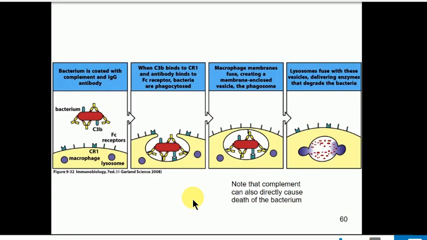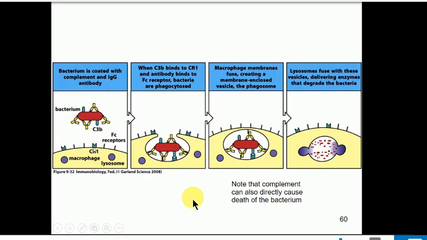So here's another diagram from Janeway's that illustrates this rather nicely. This is showing both effects, basically. So you've got the antibodies here. These are the structures shown in yellow. You've also got complement, which is the kind of bluey structure here. As I said, there's lots of different kinds of complement. This is a particular kind of complement called C3b. The antibodies are exposing their Fc regions, which are then bound by these Fc receptors, which are the little green sticks here, and the complement is bound by the CR1 receptor.